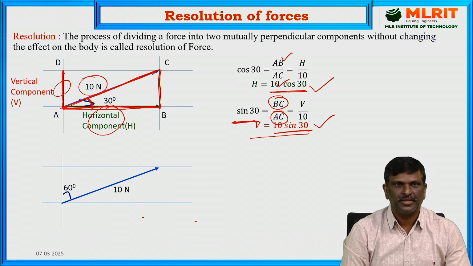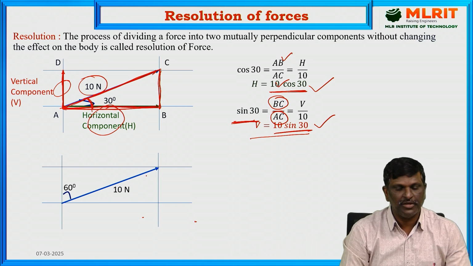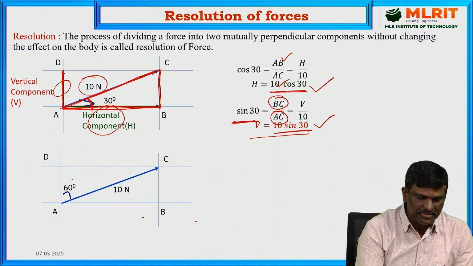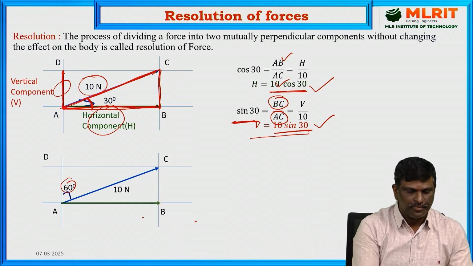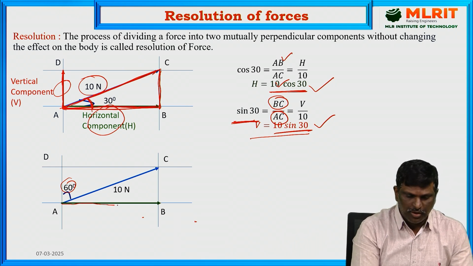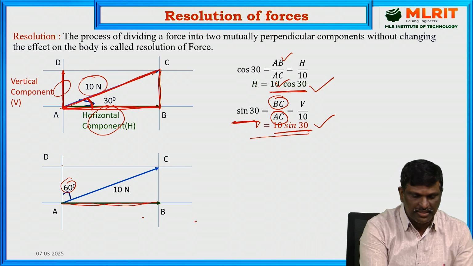Construct a rectangle in such a way that the given force is the diagonal of the rectangle. Now for the given angle 60 degrees, the horizontal side is in the opposite direction.